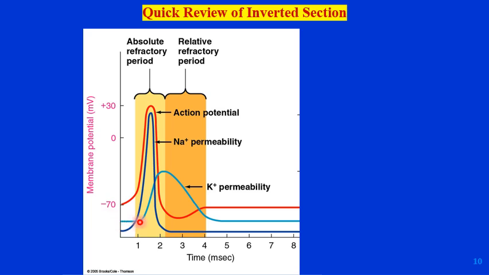So after you inactivate sodium, this is when potassium channels will open, and they will also close and remain closed until your next action potential. Right? So make sure you understand what this graph is telling you about the action potential and about these different permeabilities for the ions.